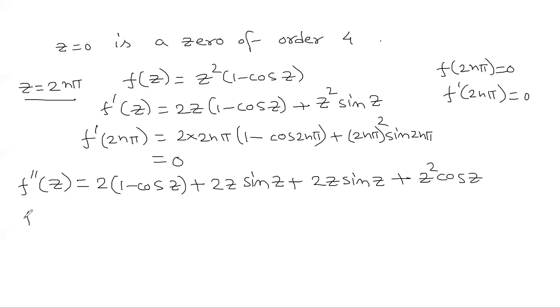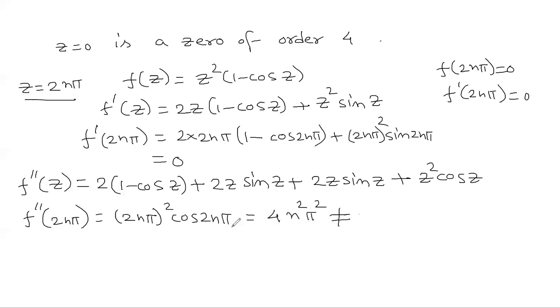So what is f double dash of 2n pi? If we substitute 2n pi, this is 0, this is also 0, this part is also 0. So we are getting 2n pi whole square into cos 2n pi, and cos 2n pi is 1. So it is 4n square pi square, which is not equal to 0.